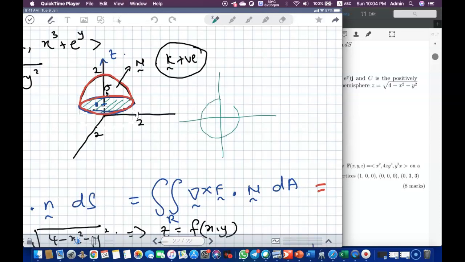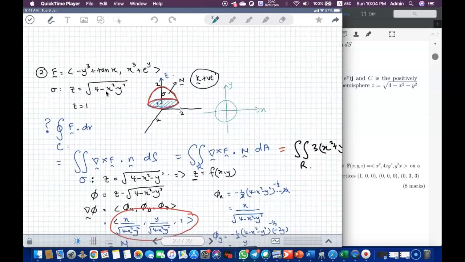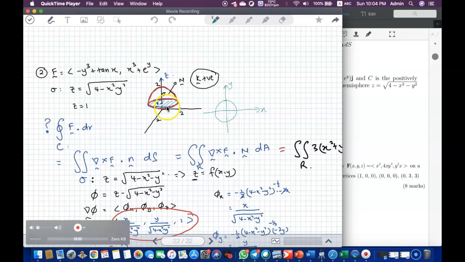So what is the size of the circle on the xy plane? We have to find it. To get the circle, it is actually the intersection between the hemisphere and z equal to 1.